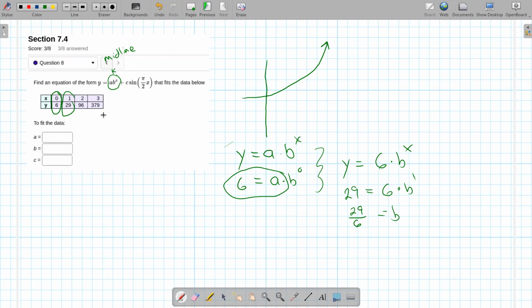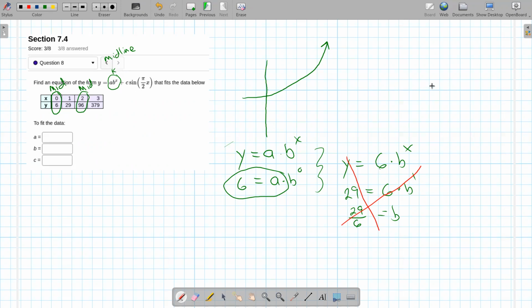So my guess then is the exponential must go through these 2 points, and these are maxes and mins. So here we're hitting our midline, the exponential midline, and then up and down in between. So let's try that version.